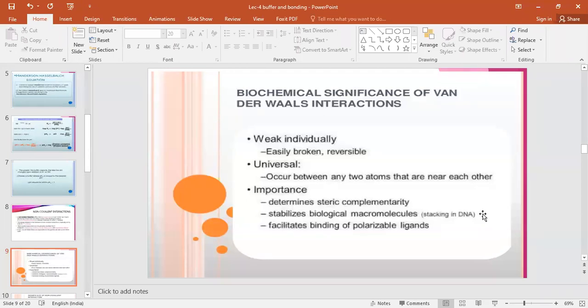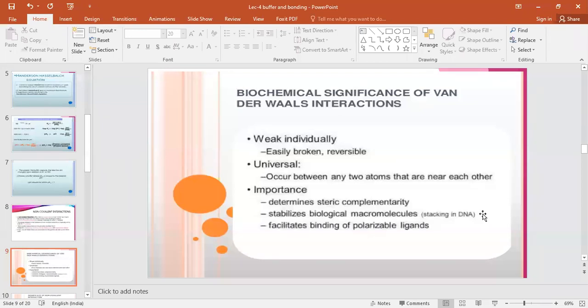Have you heard about steric hindrances? Steric hindrance means in the formation of their structure there is some hindrance, some issue or problem due to their structure, so they cannot move 360 degrees. It is called steric hindrance.